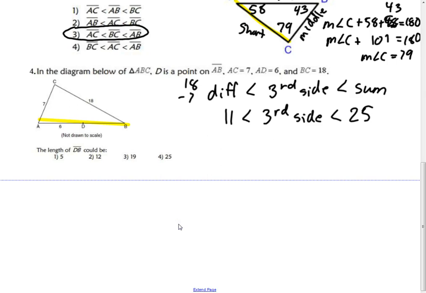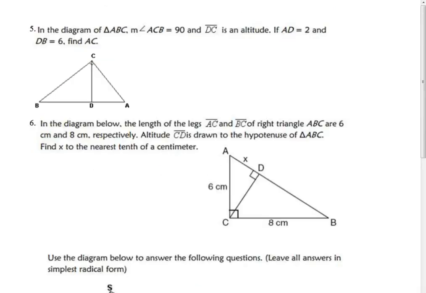No, because 6 plus 5 equals 11, and this has to be greater than that. So 5 would not work. How about 12? 6 plus 12 is 18, and that would make this true, so it could be that. 19 doesn't work because 6 plus 19 is 25, and again, it's not greater than.